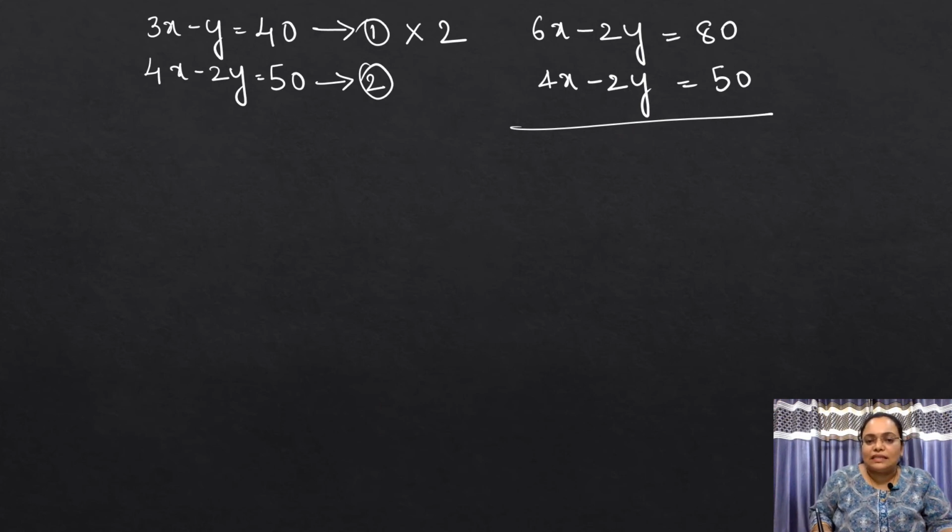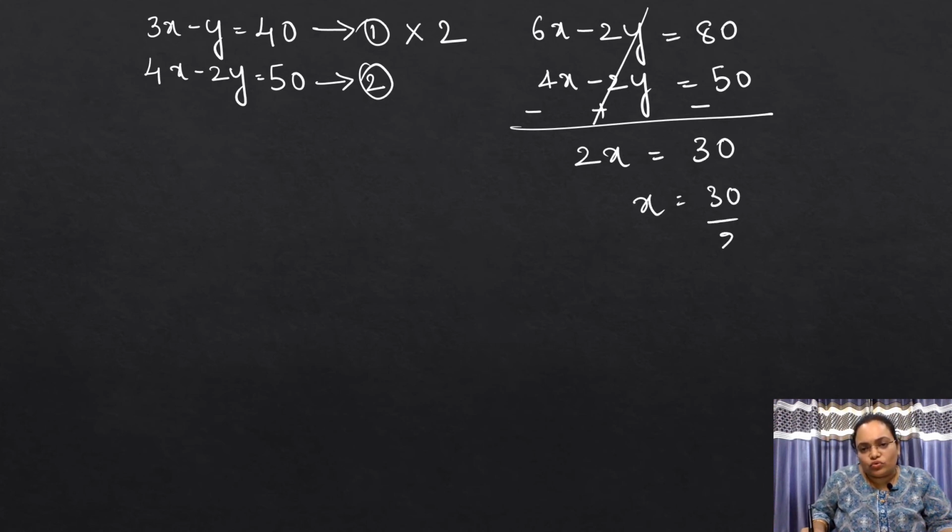Now let us subtract. So this gets cancelled, and this will be 2x is equal to 30. x is equal to 30 by 2, which is 15. Correct? So x is equal to 15.